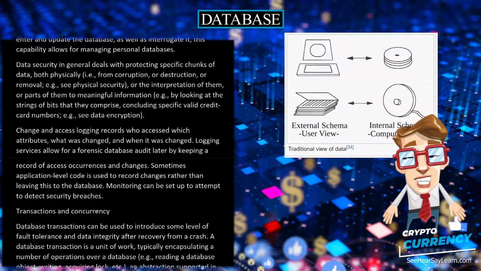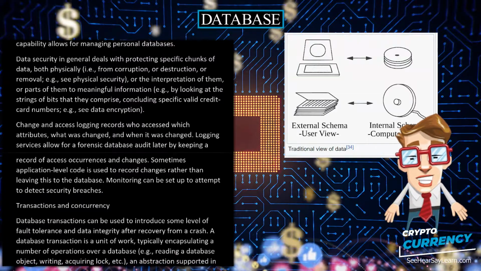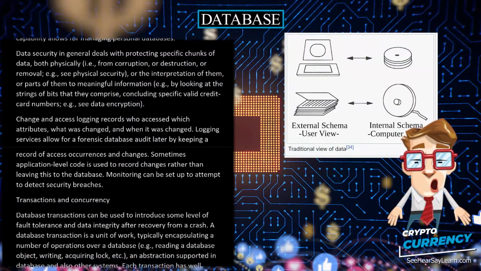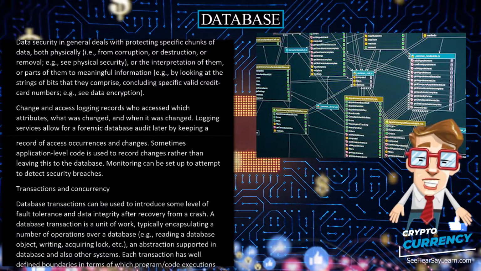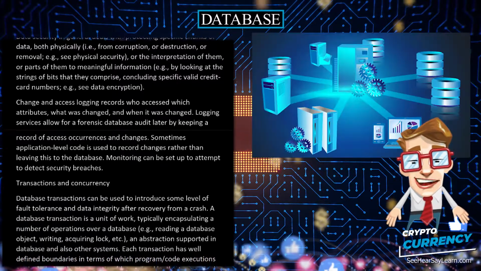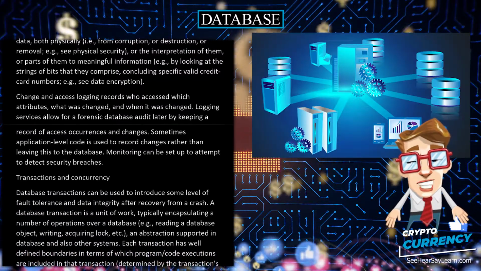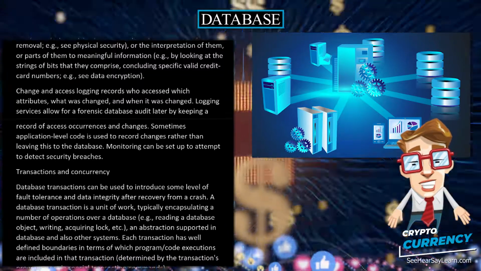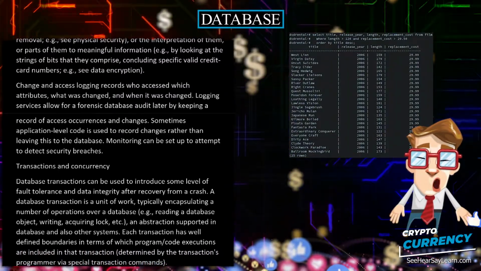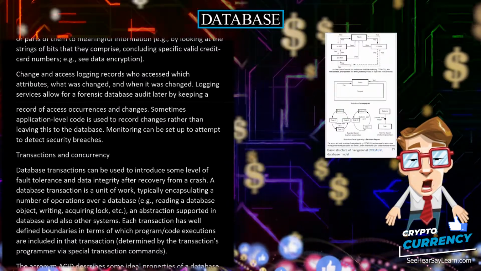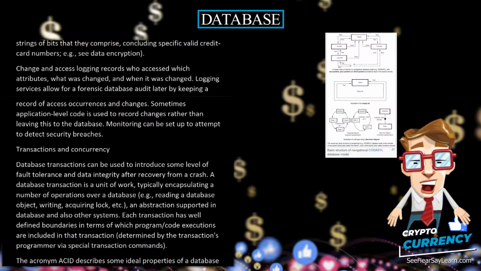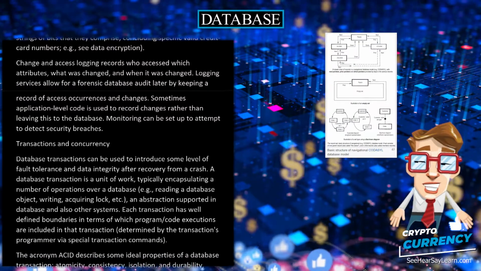Transactions and concurrency. Database transactions can be used to introduce some level of fault tolerance and data integrity after recovery from a crash. A database transaction is a unit of work, typically encapsulating a number of operations over a database, for example, reading a database object, writing, acquiring lock, etc., an abstraction supported in database and also other systems.